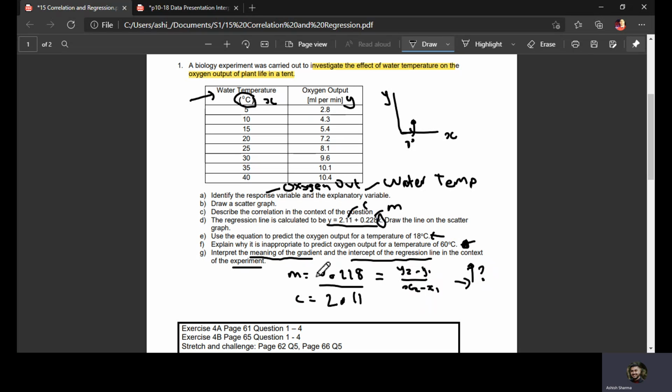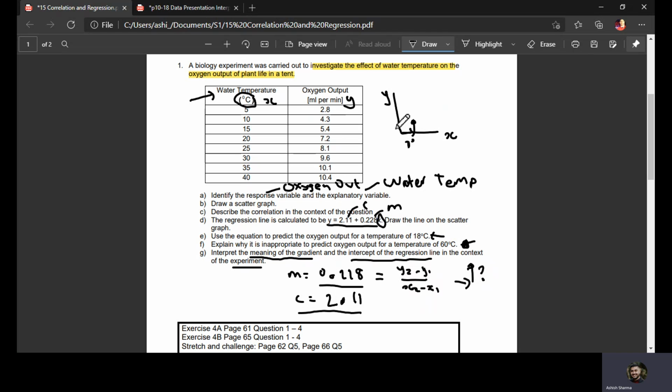Okay, so if you interpret the meaning of 0.228, the gradient is changing y over changing x, which means how far you're going up per unit x along. So per 1 degree Celsius, the plant is increasing its oxygen output by 0.228 milliliters per minute. Okay, and finally, the y-intercept.